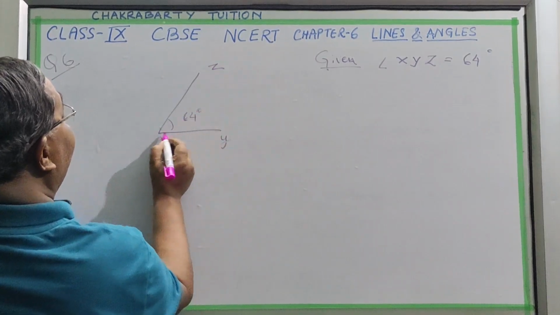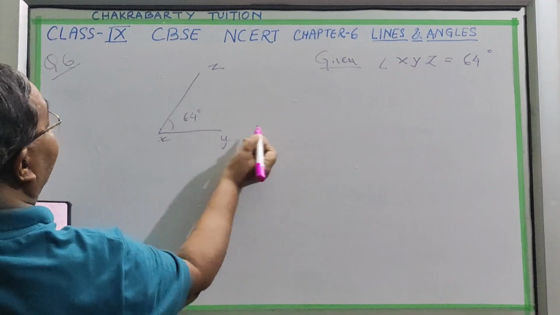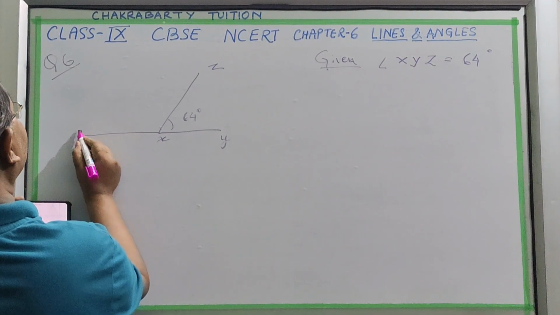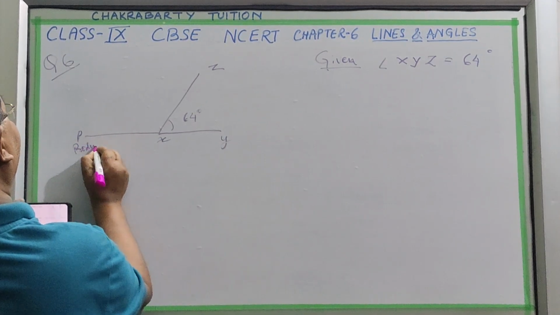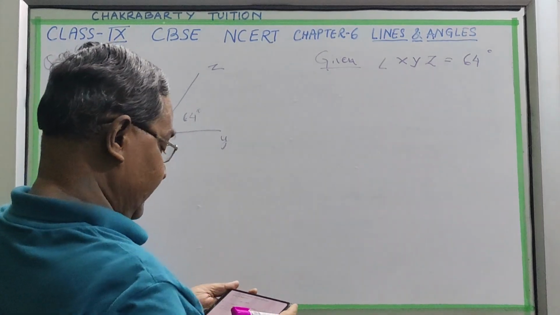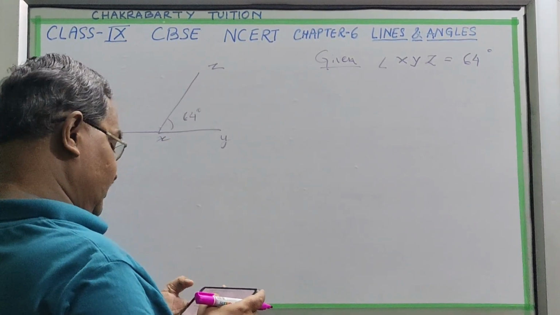XY is produced to point P. This side we will produce it to this side P. Produced means extended. In the question it is given produced means it is extended. Draw a figure from the given information.